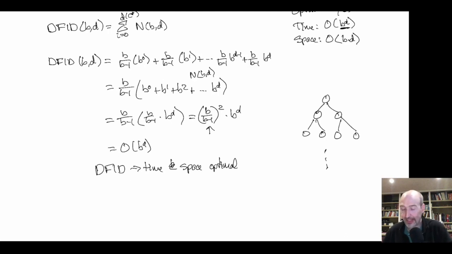If that's going to be the case, there has to be some node that was expanded by DFID that was not expanded by the better algorithm. And if there was some node that wasn't expanded by this other algorithm that was supposed to be faster, then all we would have to do is create a new problem instance where this node was the goal.